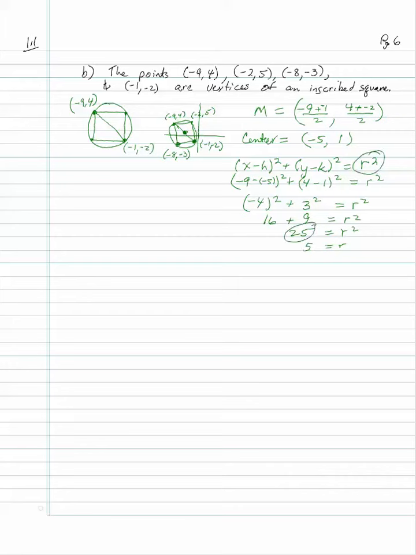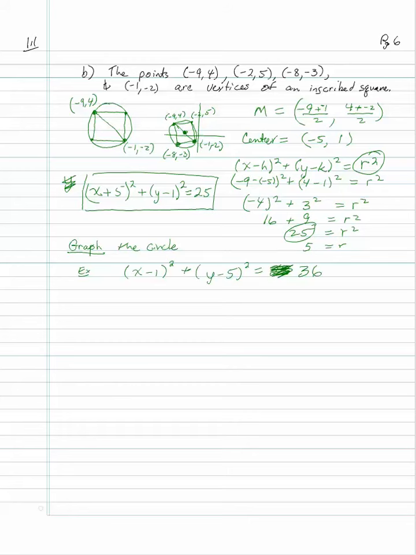So that's an extra step I don't need to do. So our answer is x minus h, h is negative 5, so it becomes x plus 5, squared, plus y minus 1 squared equals 25. That's r squared. And there you go. So that was kind of challenging.